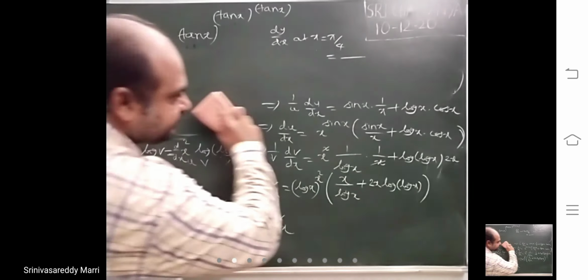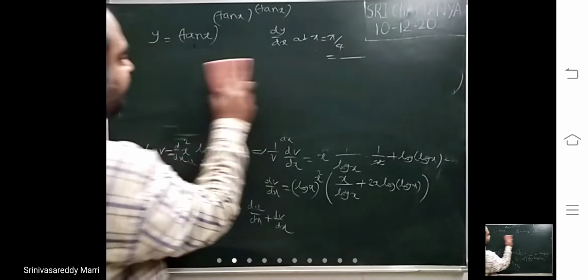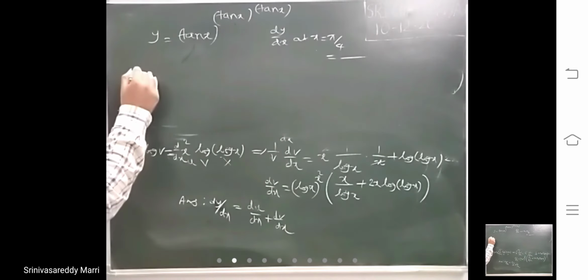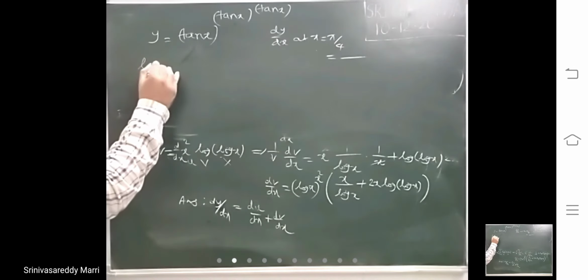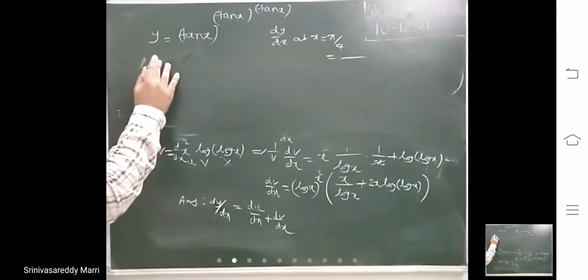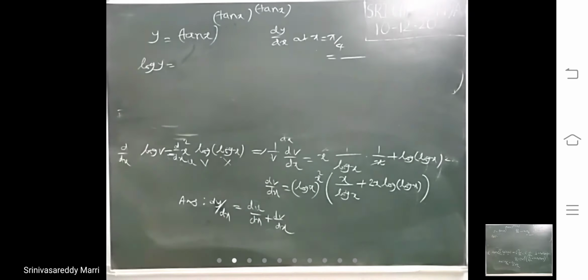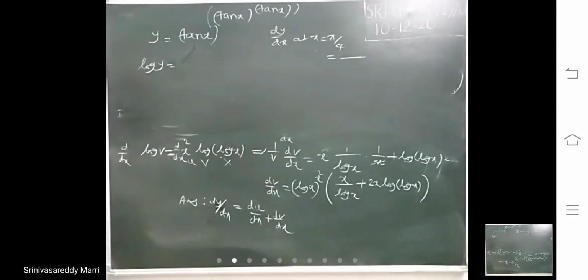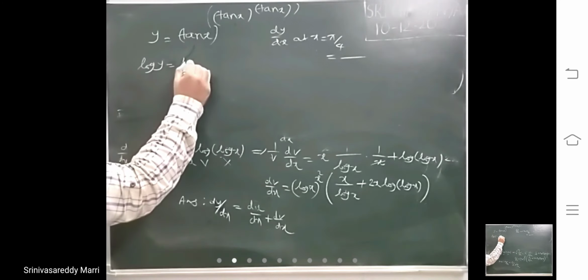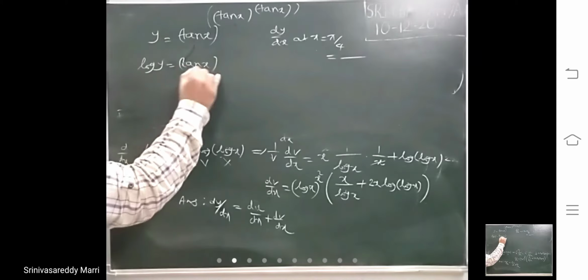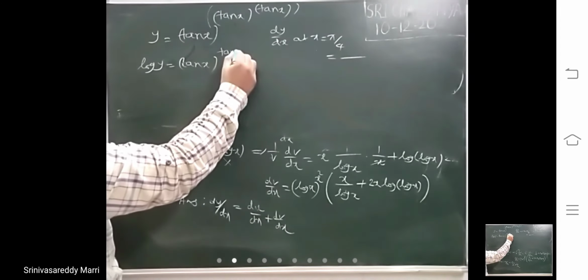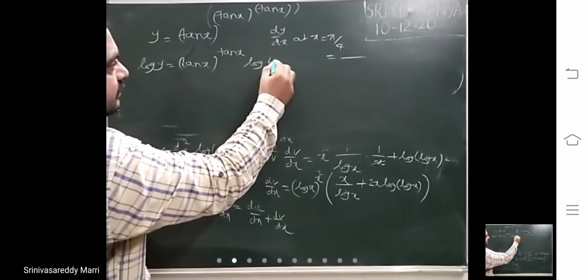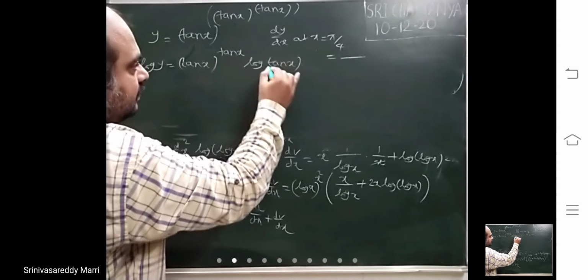Now if f of x to the power g of x to the power h of x is there, first apply logarithm on both sides. Look at how I am dealing with it. Log of this means the power will come down: log y equals tan x to the power tan x into log tan x.